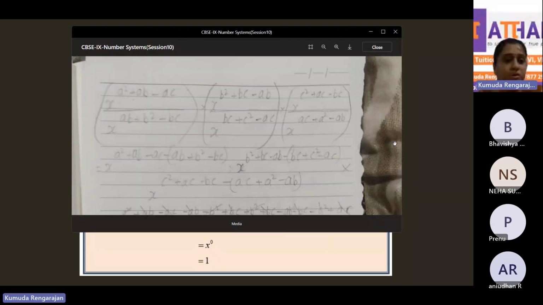So A square plus AB minus AC, AB plus B square minus BC, B square plus BC minus AB, BC plus C square minus AC.